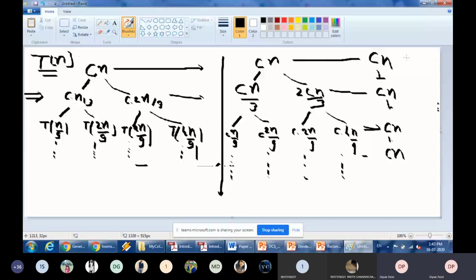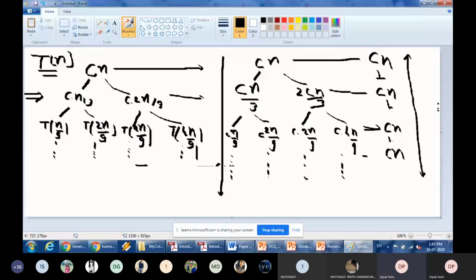So for that, we need to find the height of this tree. What can be the height of this tree? To find the height of the tree, we need to look at the branching factor. Here we are dividing by 3.